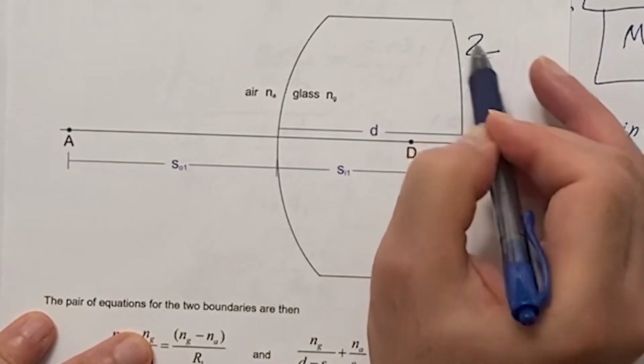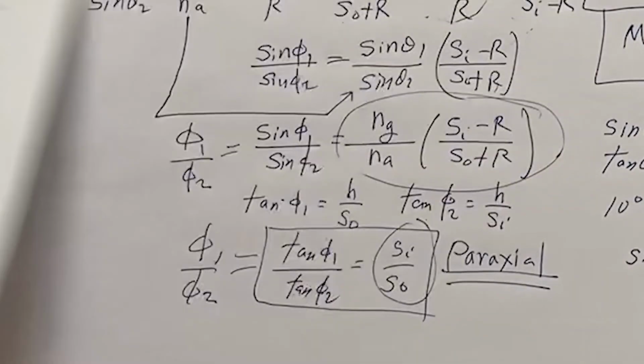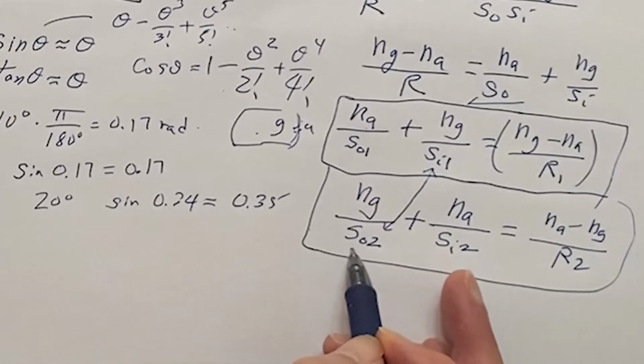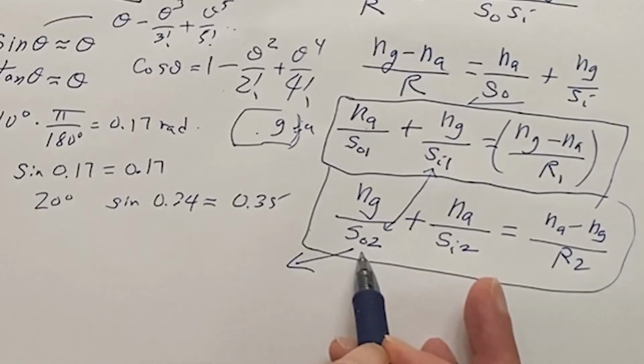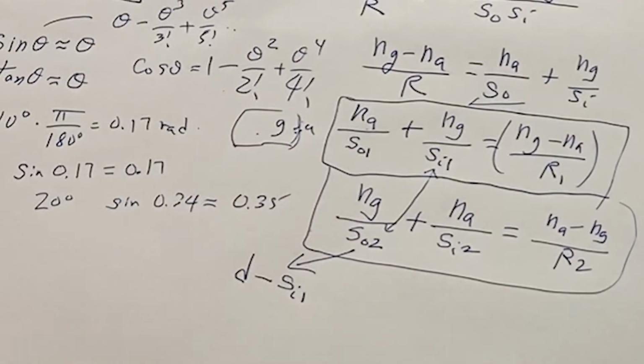This is 2, this is 2, this is 1. So therefore what we're going to do is replace this object distance with D minus the image distance for 1. That's the trick we're going to do. Now it's more algebra to be done. So let's be patient and continue. What I would like to do is, after I make this substitution, add both of those equations together.